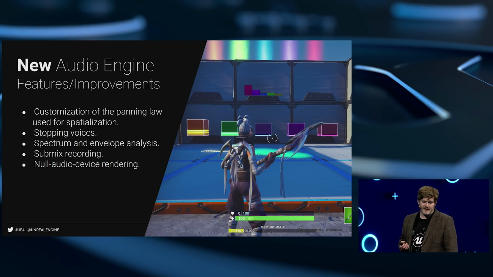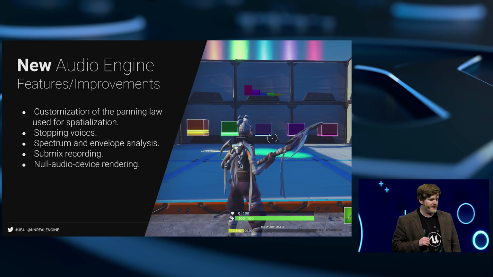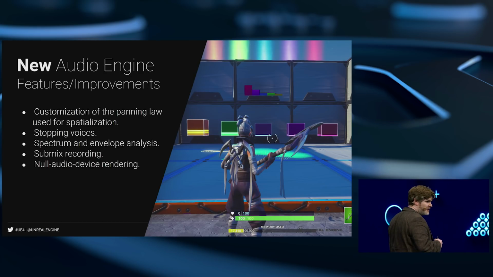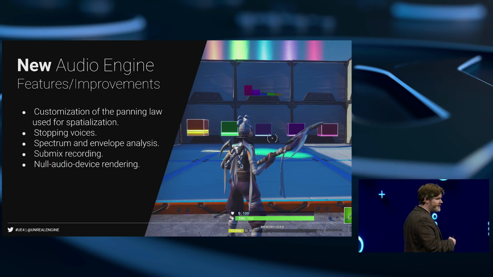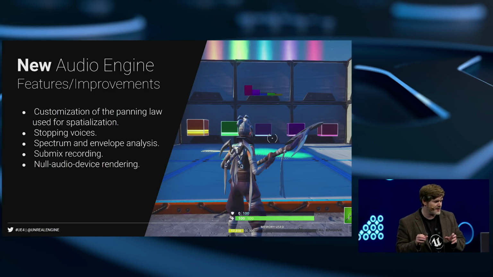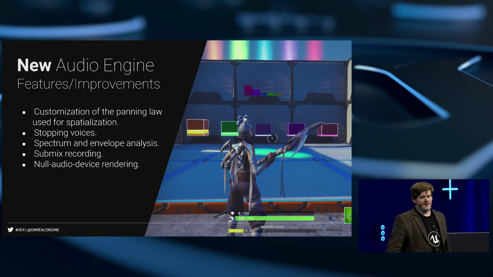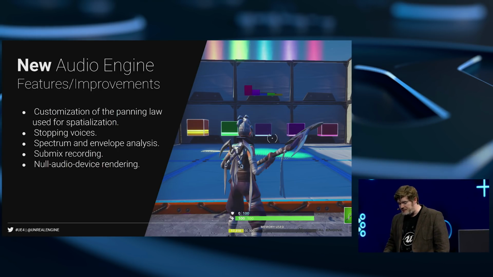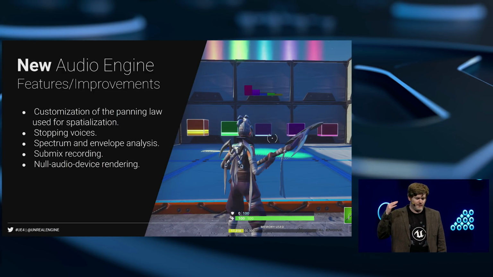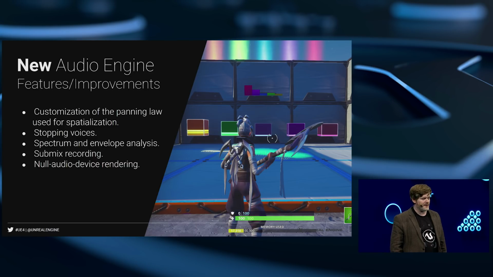And we also implemented null audio device rendering. This was very useful on PC when the audio device is unavailable. We continue rendering the audio engine as if it was available until, in the future, an audio device, and by device here I mean literally hardware, becomes available to render audio, and then we flip to the hardware. It turned out null audio device rendering was also useful for rendering audio on a server where there is no audio hardware available.